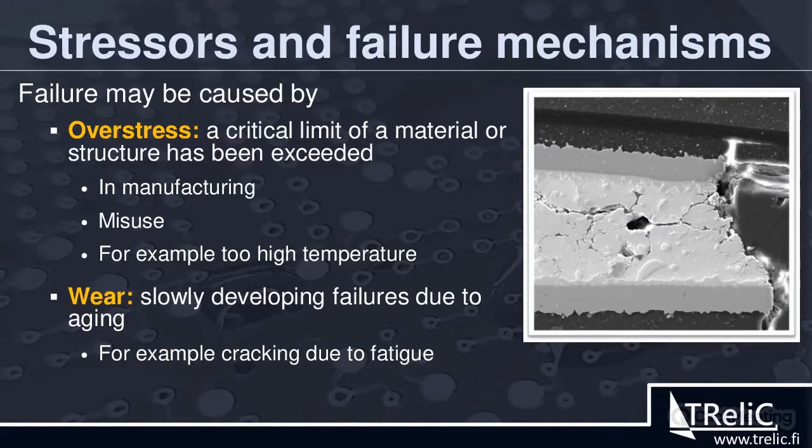And overstress, in manufacturing, is quite common, where the manufacturing requires very high temperature, for example, and this may lead to overstress failures, not necessarily though. And of course, it is always important to check that this is not happening, but it can happen from time to time, especially if there is variation in the product.